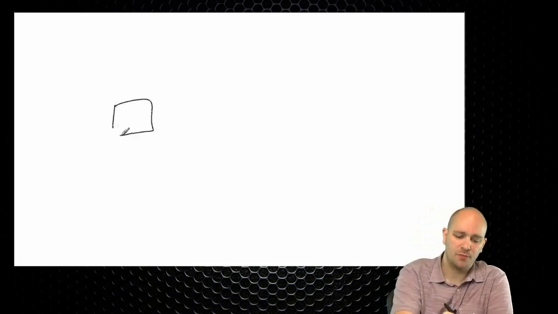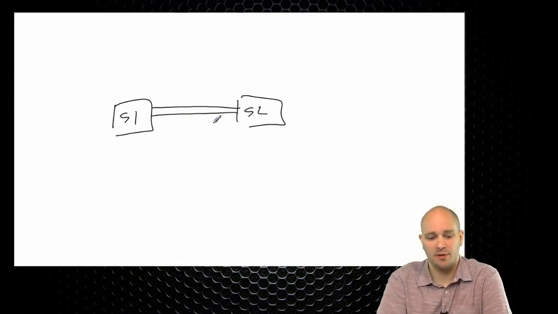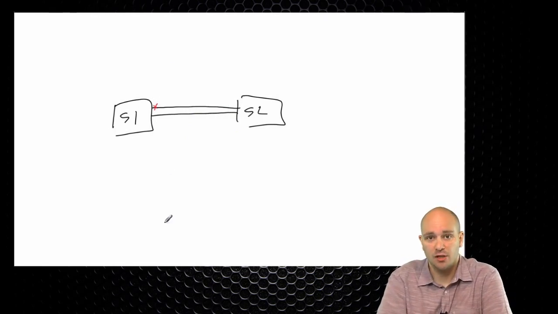So when we have two devices, let's say two switches, switch 1 and switch 2, and we have multiple links between them, by default, if we are running the spanning tree here, one of these links will be blocking and we are not going to be using it.